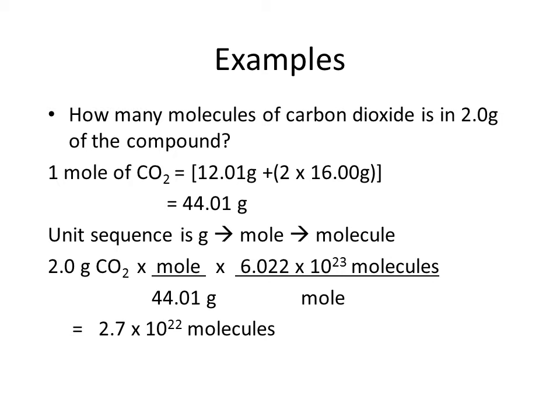I need to make my fractions equal to 1. So 1 mole is 44.01 grams for carbon dioxide, and 1 mole is 6.022 times 10 to the 23 molecules. Remember, this number only goes with either molecules or atoms, with no other unit. I do my math and I come up with 2.7 times 10 to the 22 molecules.